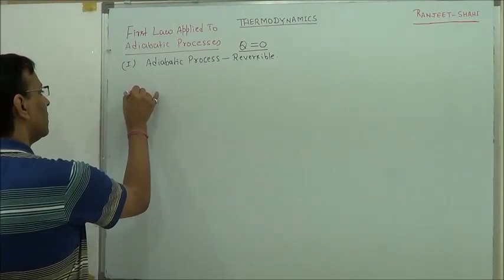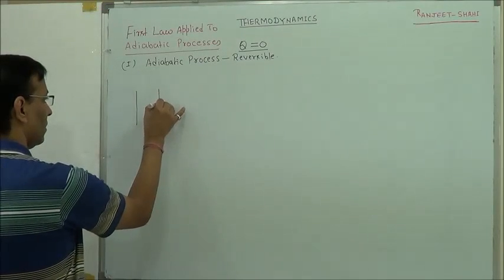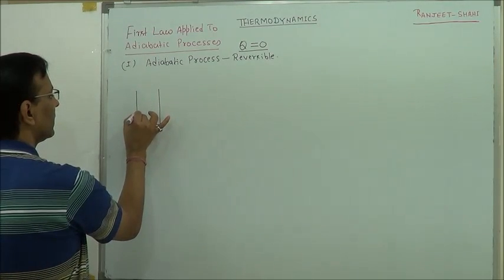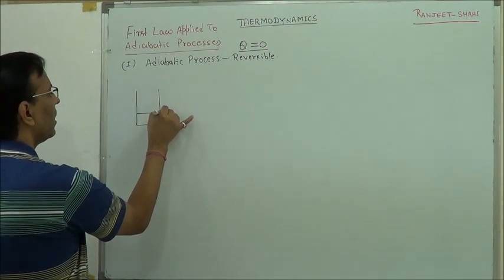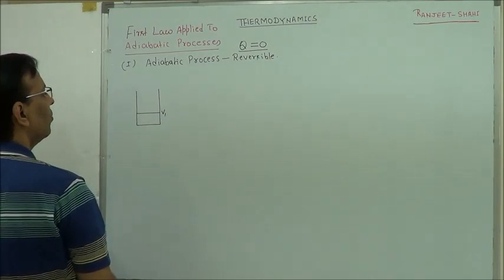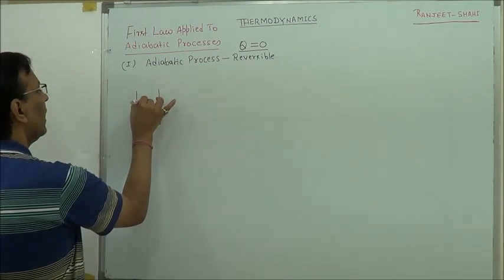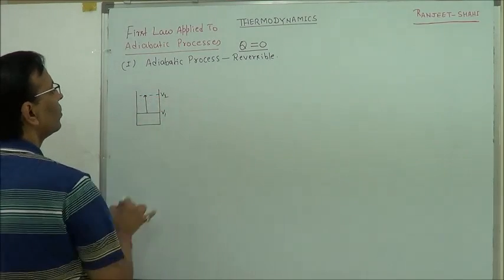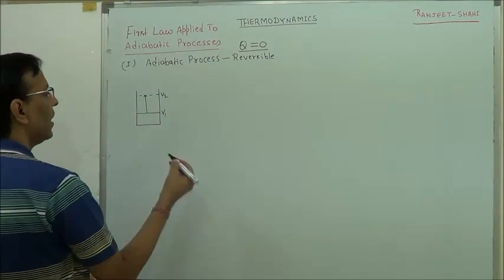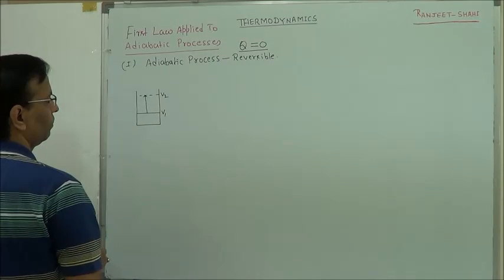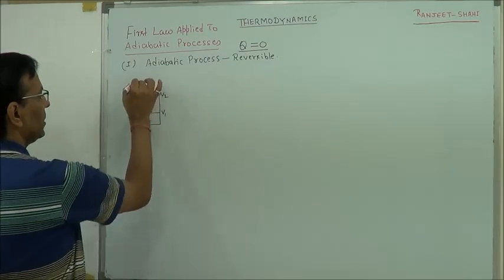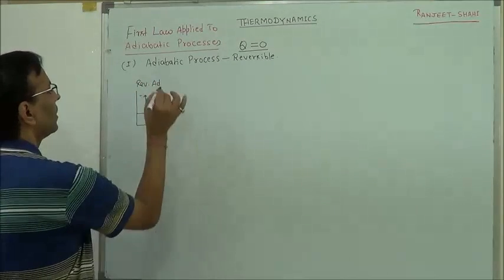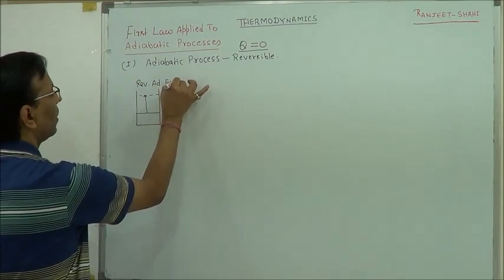If we have an ideal gas confined in a piston at initial volume V1 and it undergoes expansion finally to V2 under adiabatic condition, so it is reversible adiabatic expansion.